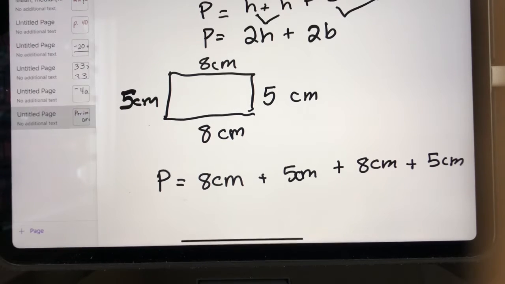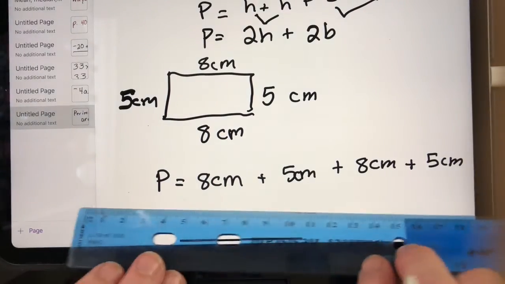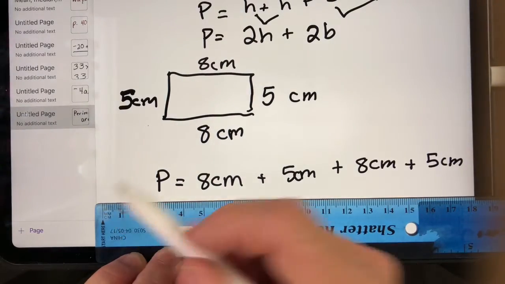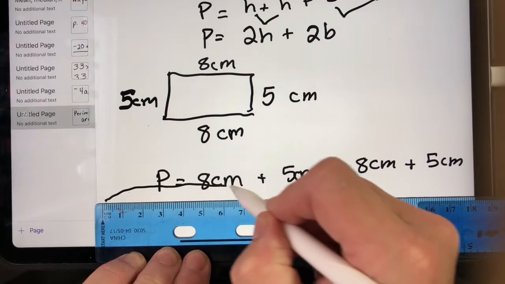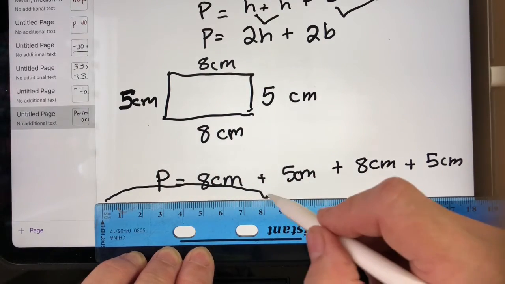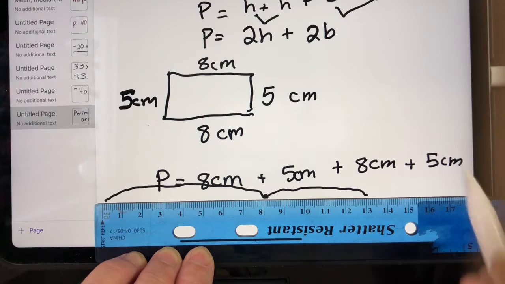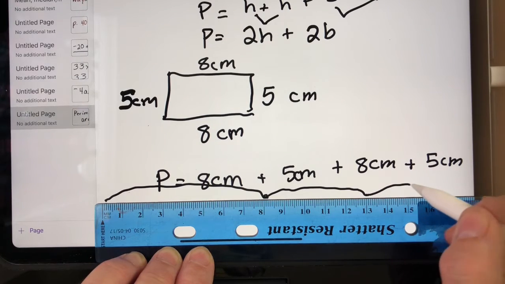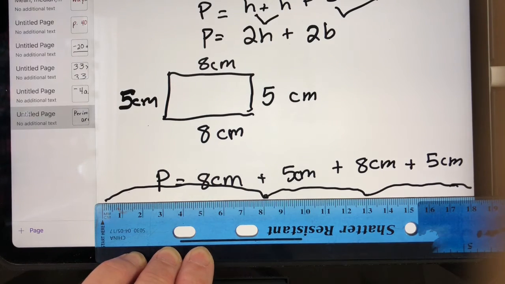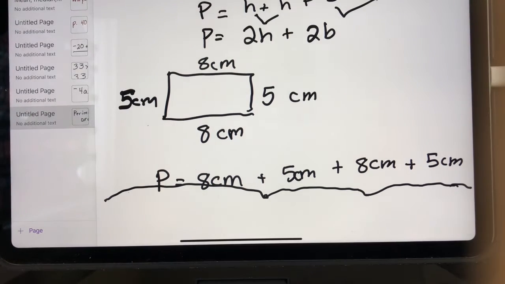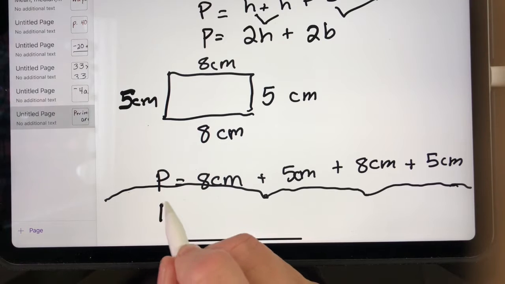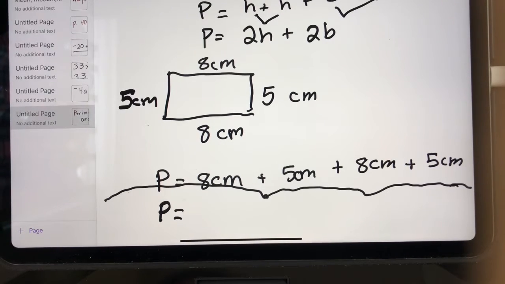Now, if I were to take a ruler and add all of those centimeters, I have 8 centimeters plus 5 centimeters plus 8 centimeters plus 5 centimeters. What would I come up with? I'm not going to divide, I'm going to add them all.